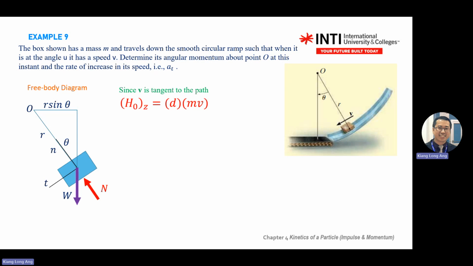You put in the angular momentum equation. Angular momentum is equal to mv multiplied by d, the moment of momentum. You put the momentum multiplied by the perpendicular distance. So where does the object move? We assume that our z is coming out from the screen.